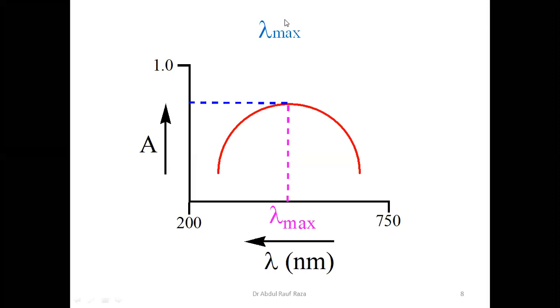So this is what lambda max stands for. Lambda means wavelength, max means maximum. Look here. Let's say we have one chromophore. I have presented this graph with respect to only one system, because lambda max is defined for such molecules which have only one chromophore.